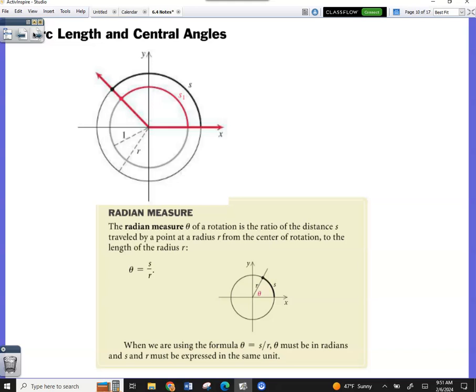Arc length and central angle. Okay. You're going to be uncomfortable with this, which is why there's 2 slides of practice. I've got the picture. I'm going to show you the diagram and what the parts mean.